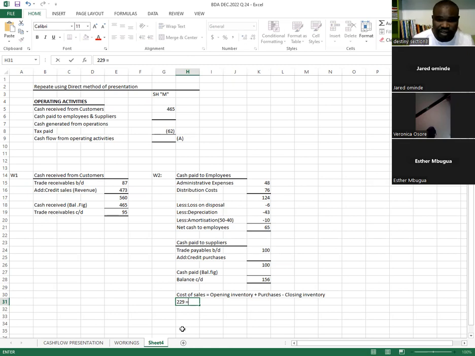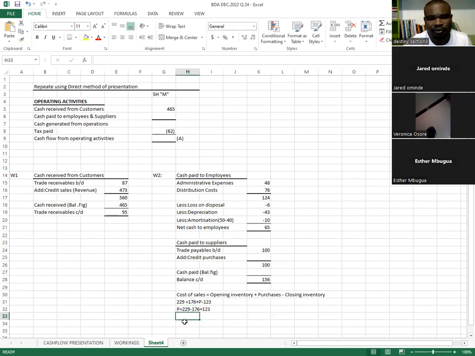So 229 is equal to opening inventory, which if you check the question is 176, plus P. P is what we don't have, minus closing, which is 123. Making P the subject, P will be 229 minus 176 plus 123.